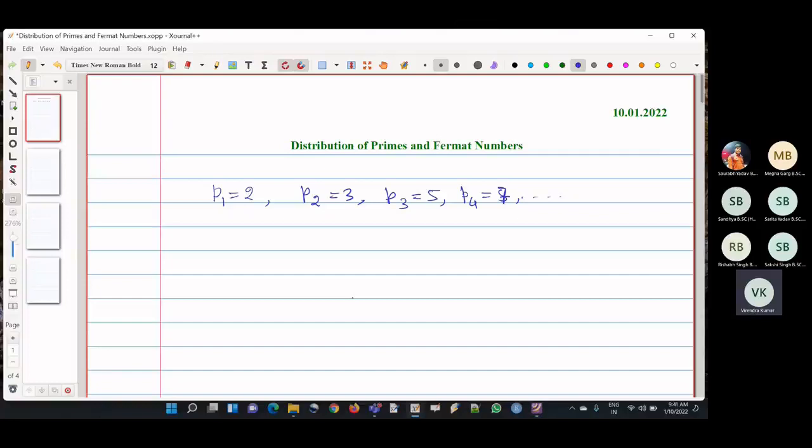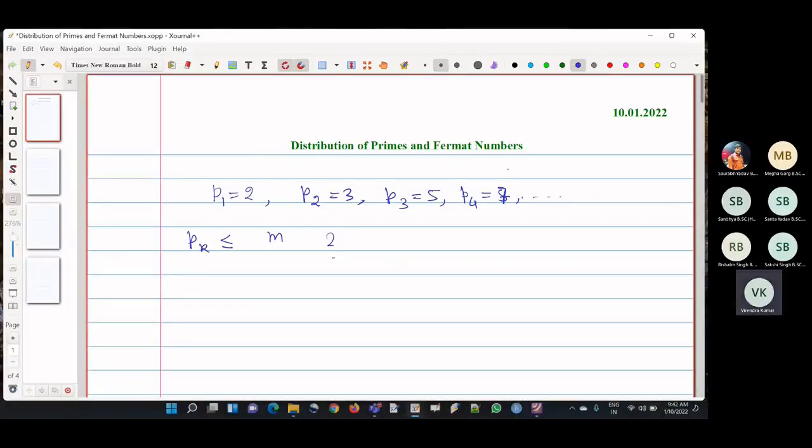So a natural question is whether we can get some number, for example m, such that pk is always less than or equal to m. So that is the question. We want some upper bounds for this.